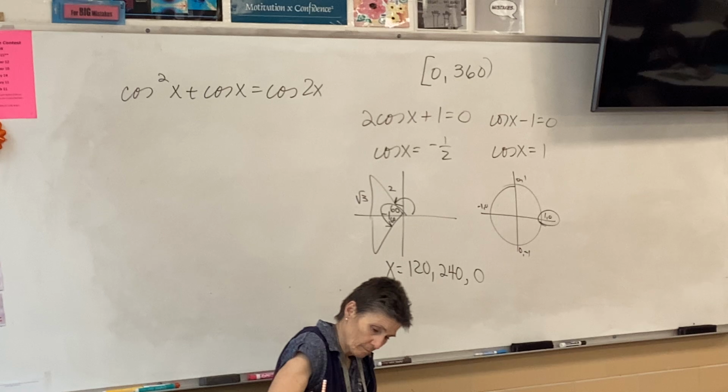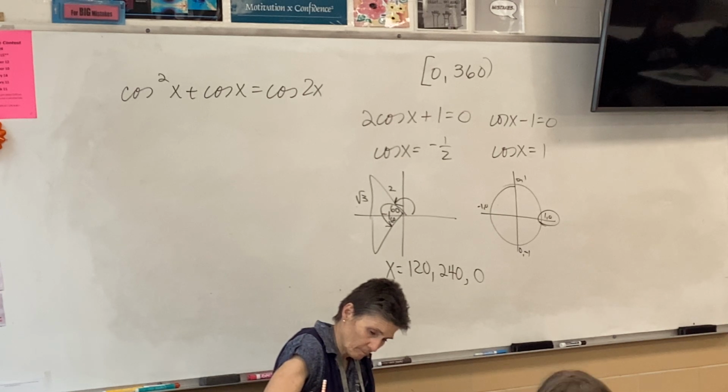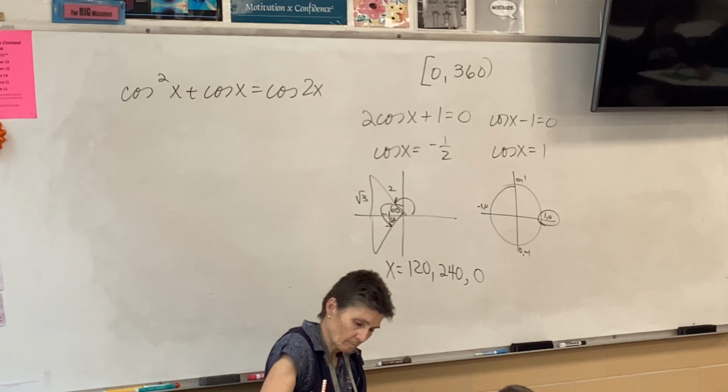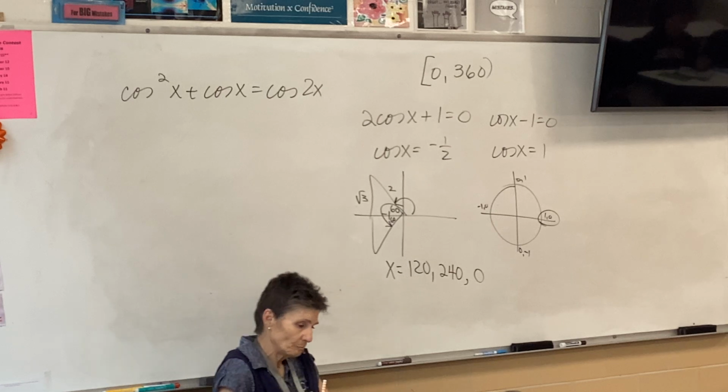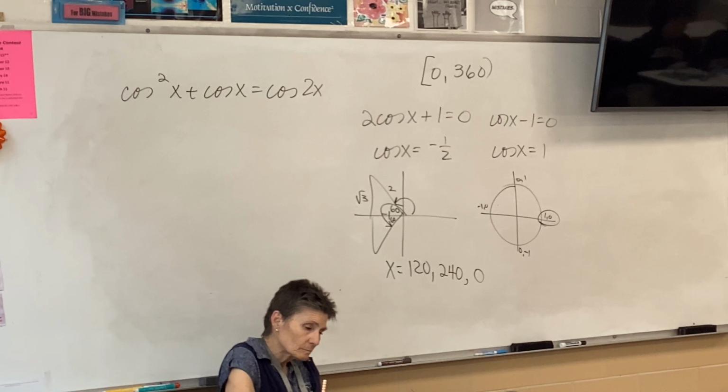Because it's the opposite, we're gonna plus cos x, and then minus cos squared. So negative cos squared, plus cos x plus 1.